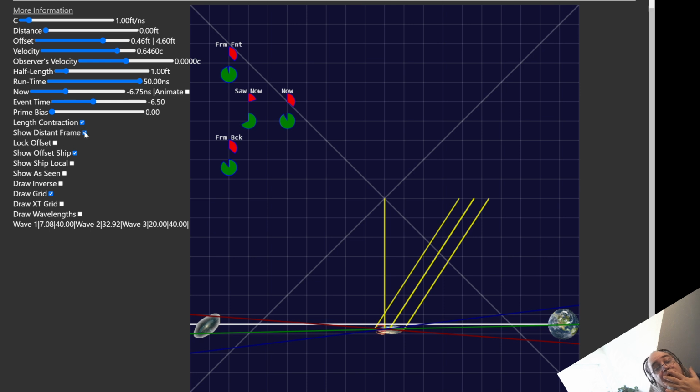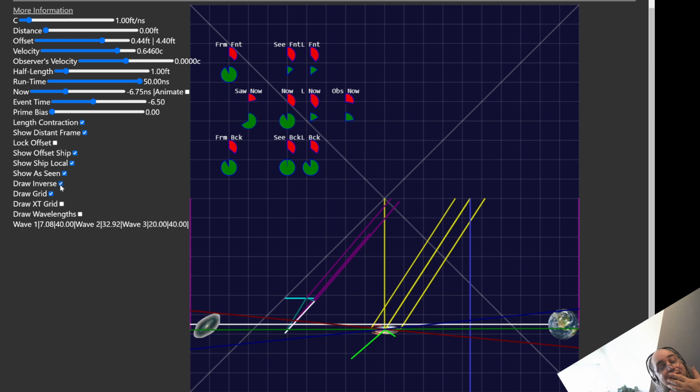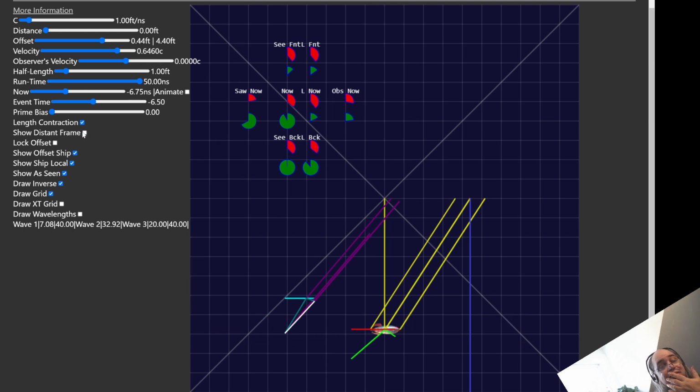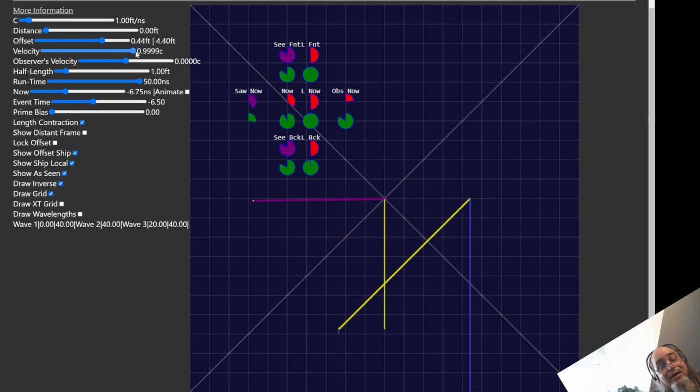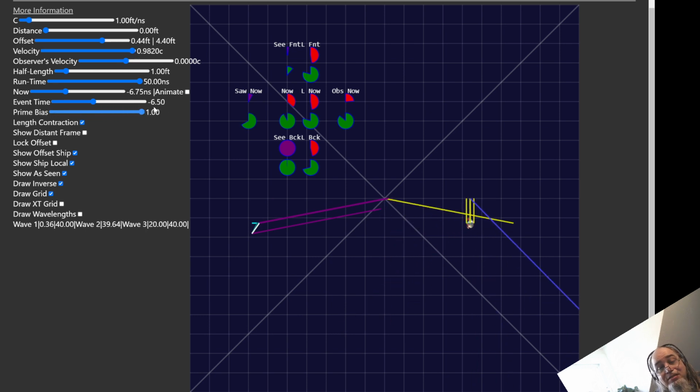So it could be any of these things. Let's turn off the distant frame. So I could have a velocity that's very high and feel like I'm going faster than the speed of light. I can adjust this so that the observer's frame is doing the same thing, but this is offset.